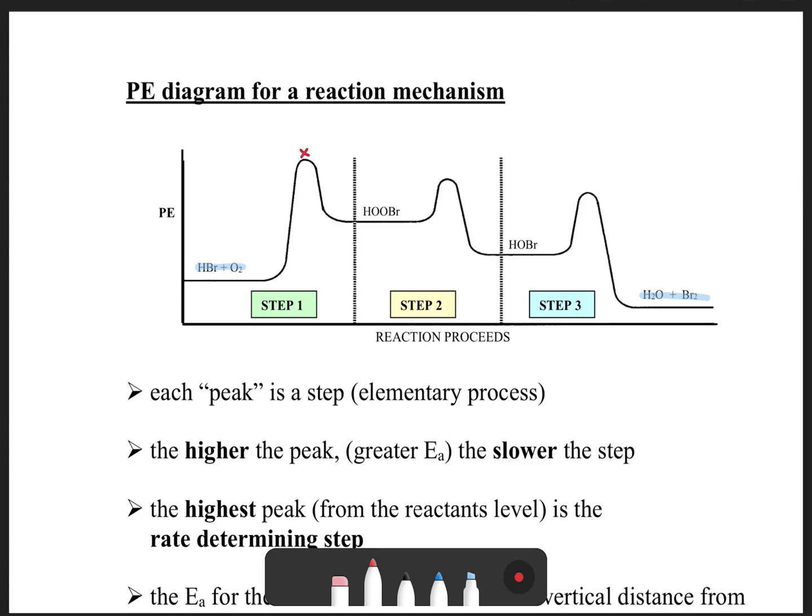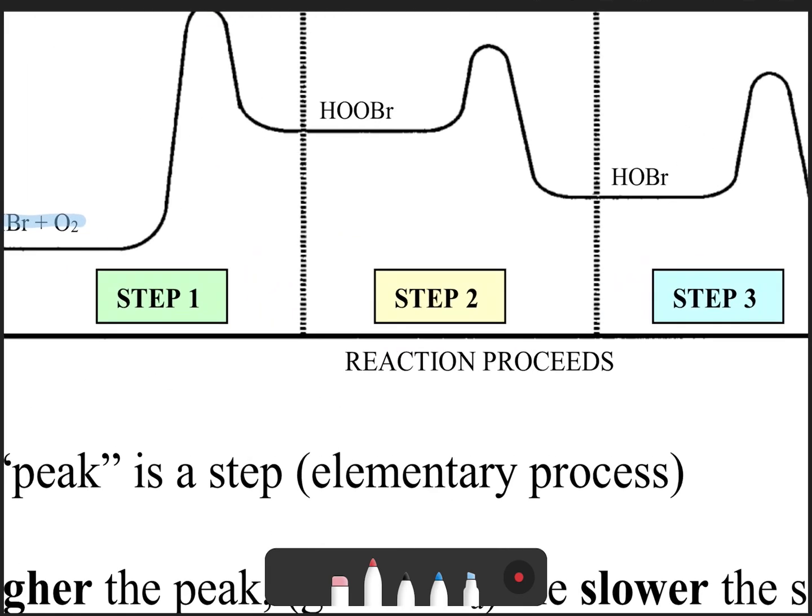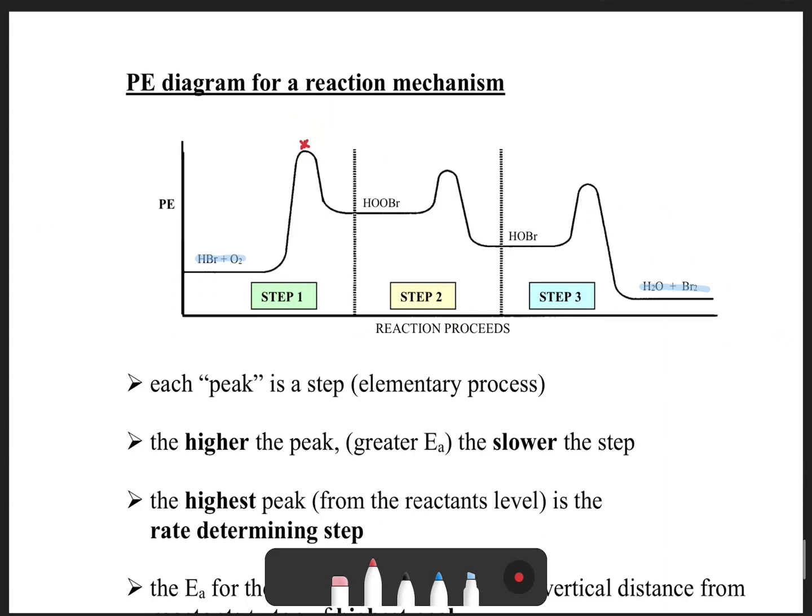And we can identify 3 activated complexes. The speed of each step was given to us. We're told that this is our slow step. Step number 2 is fast. Step number 3 was very fast, and this is from right at the beginning of our notes.